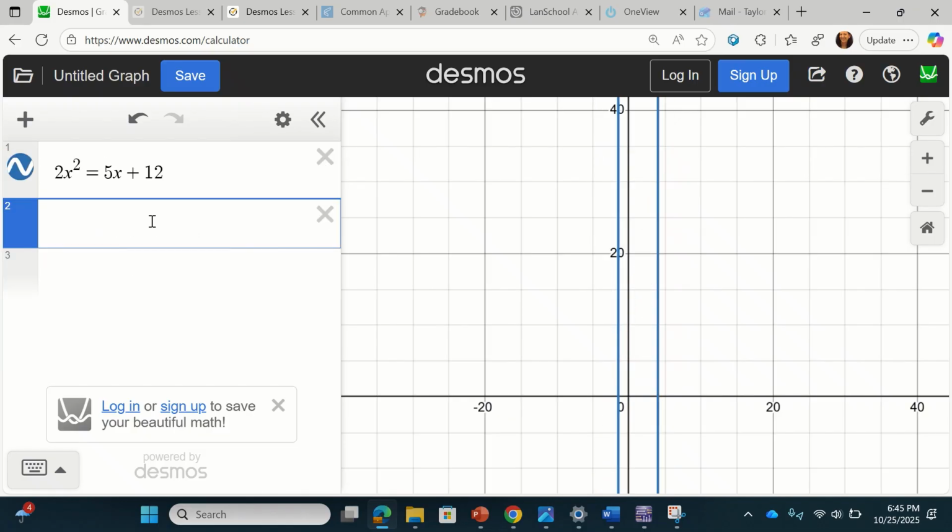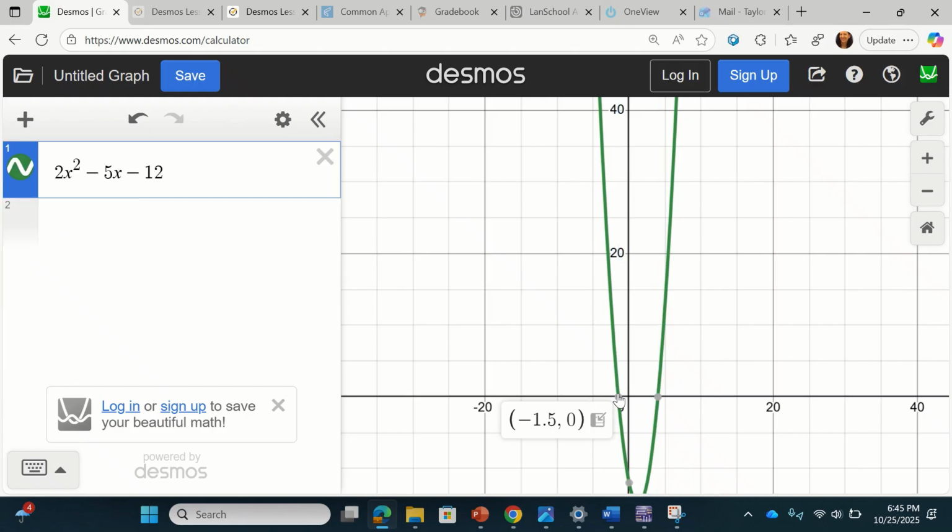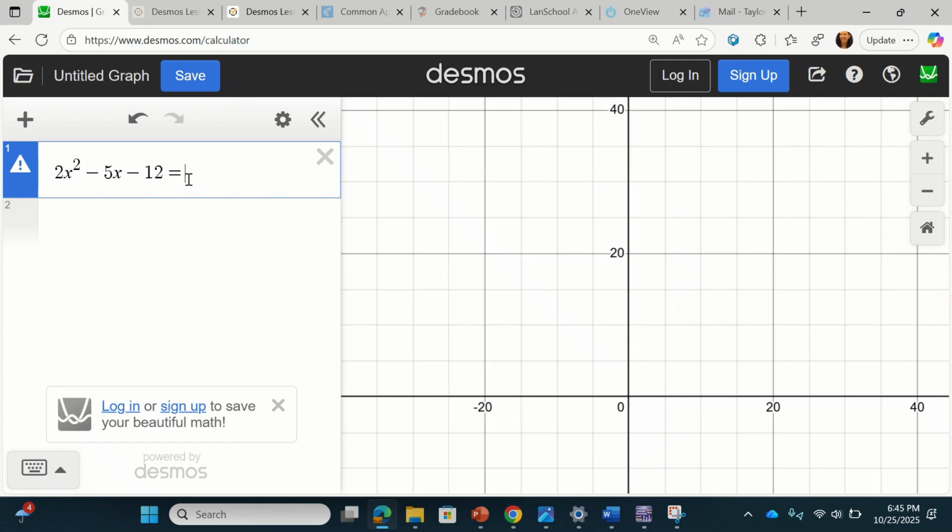And what that's going to do is give me 2x squared minus 5x minus 12. And that is going to give me a parabola where the x-intercepts are negative 1.5 and 4. And so you can do that pretty much like any of those three ways.